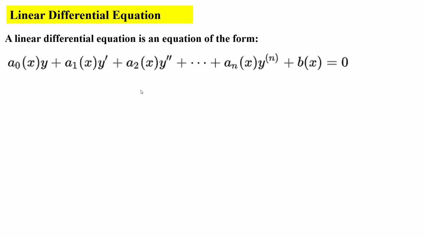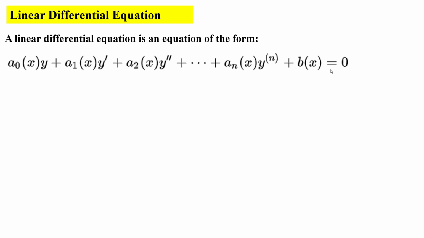More technically, the differential equation appears in this form: a function of x times y, a function of x times y prime, a function of x times y double prime, and a function of x times the nth derivative of y. Notice you never even multiply y by itself. If this were a y squared, this wouldn't be a linear equation already. And then you might have a constant term plus a function of x equals 0.